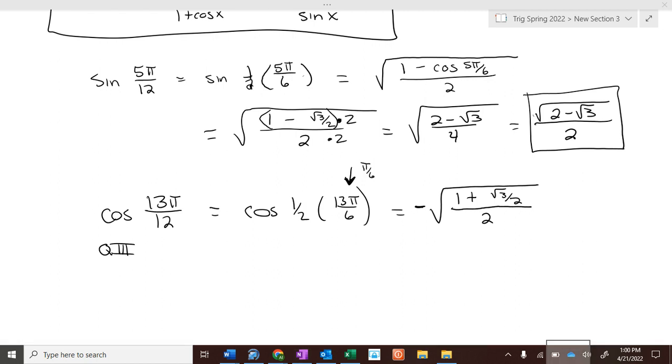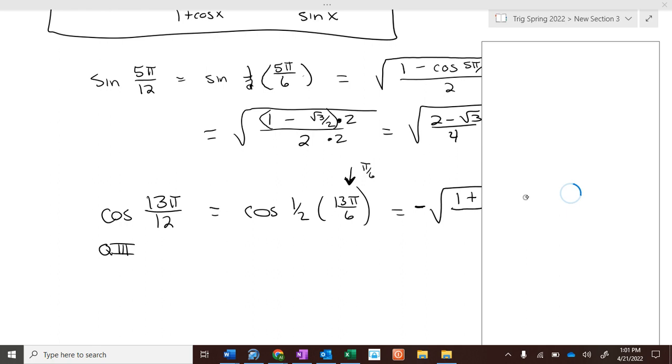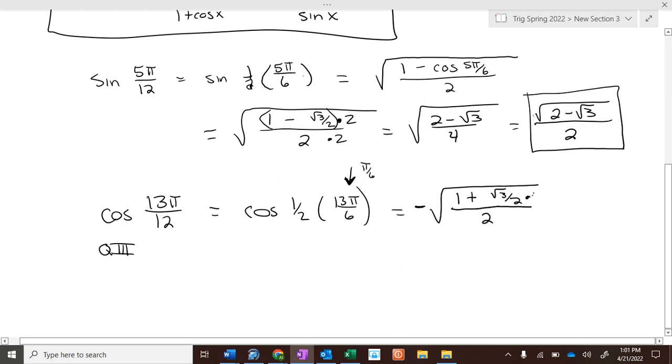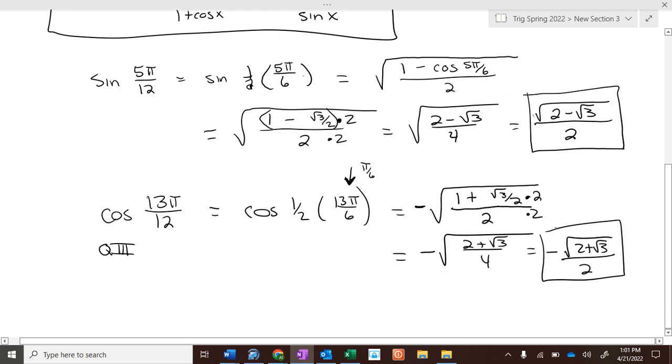What's the quick and dirty way of solving this? Multiply all by 2. So it's negative the square root of 2 plus the square root of 3 over 4, which is negative the square root of 2 plus the square root of 3 all over 2. And here we are, we're done.